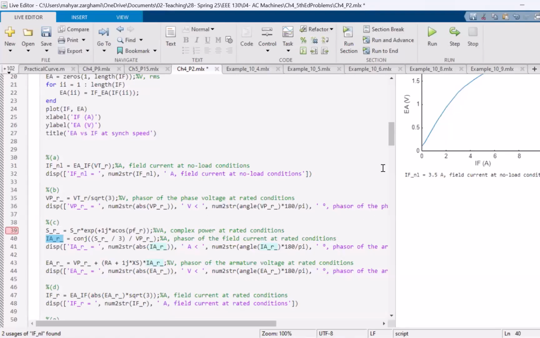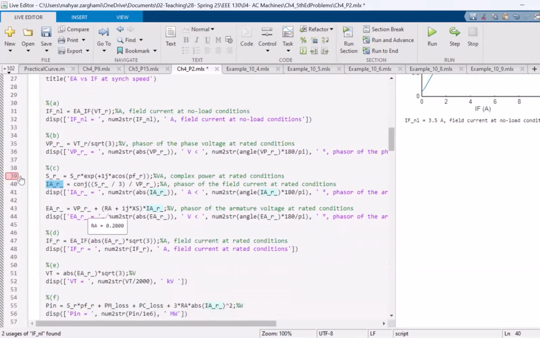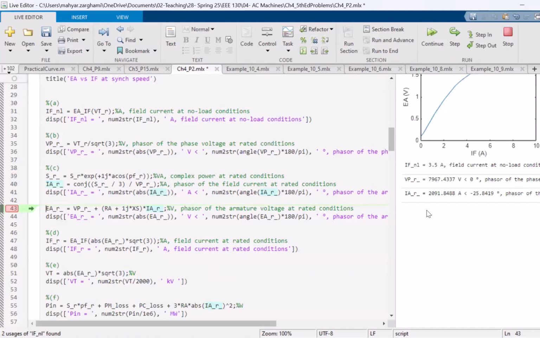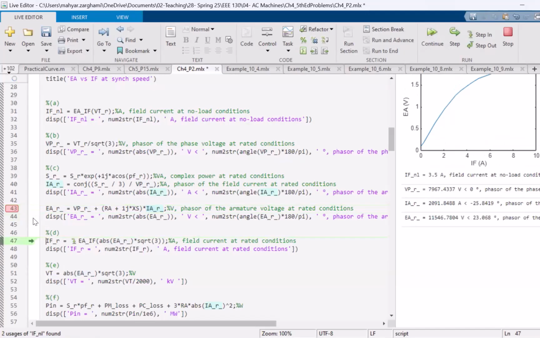So this gives you that IA under rated conditions, which would be this much in magnitude and this much in angle. And then EA would be V phase plus the impedance times the current in the generator. So that gives you the internal source phasor of the armature voltage at rated conditions.